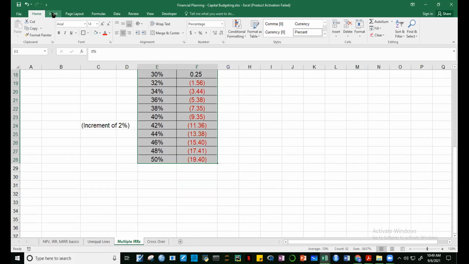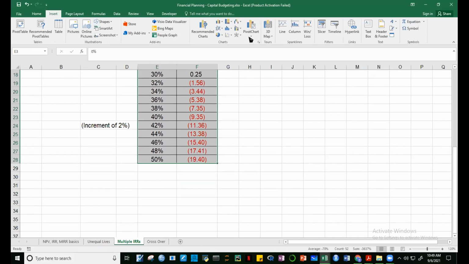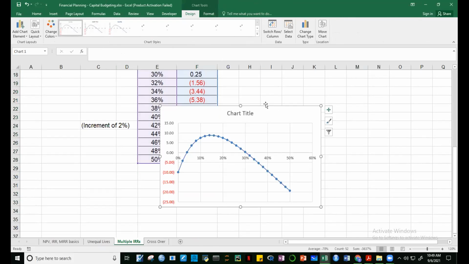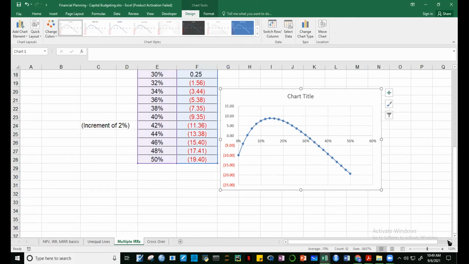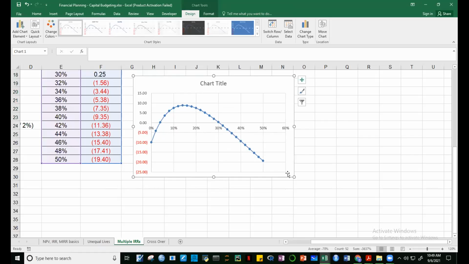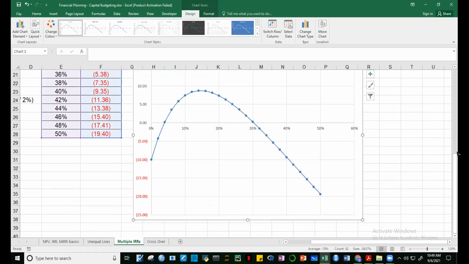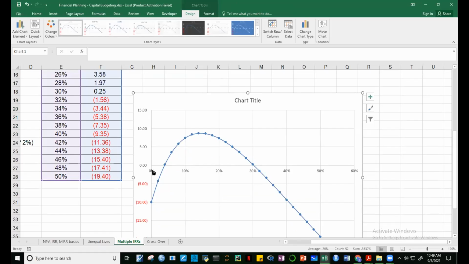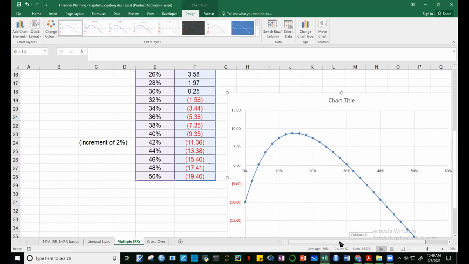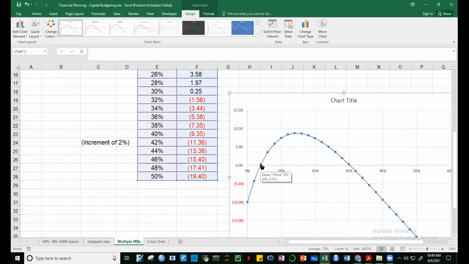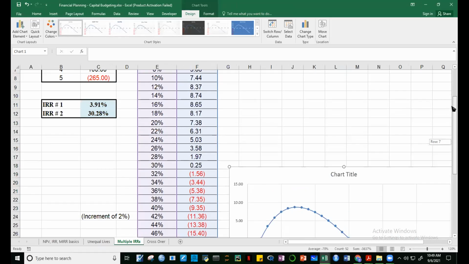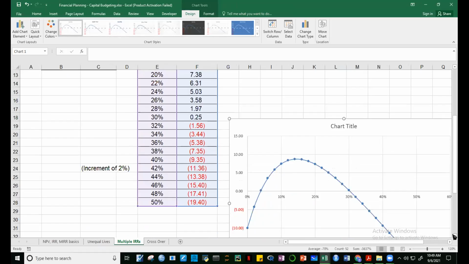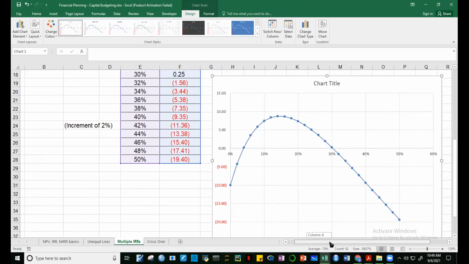If I plot this, insert. Okay, take a look at this, guys. We call this the NPV profile, no? So ito yung iba't ibang WACC natin, no? Notice, guys, na ito, ano to? Ito yung 3.91%, no? Ito yung unang IRR. Di ba sabi natin, the IRR is that rate of return where the NPV is equal to 0.